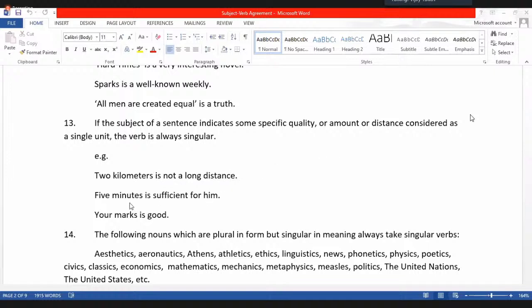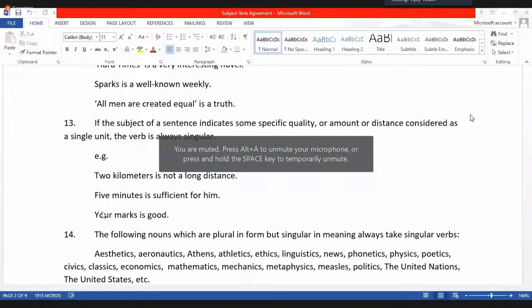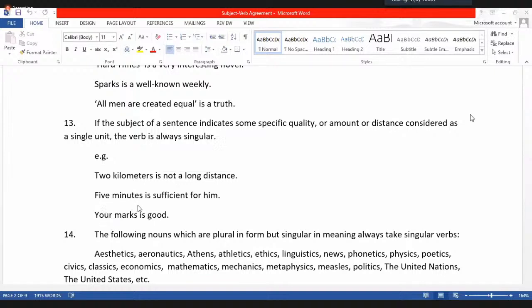Then 5 minutes, that is time, amount. So is sufficient for him. Similarly, 10 rupees is sufficient for him. And then marks, your marks is good. So 5 minutes is. Don't use 5 minutes are. Okay?